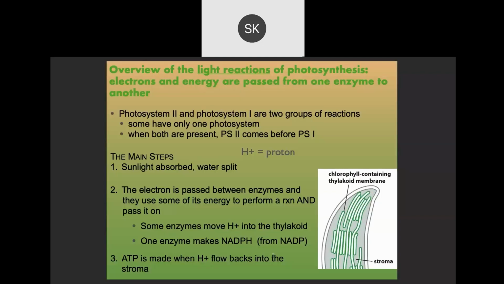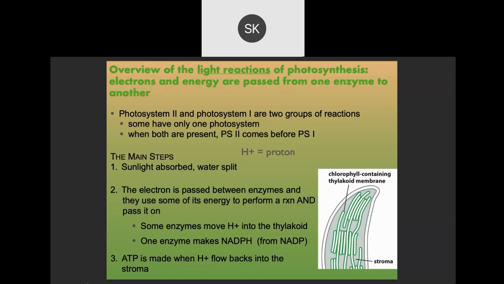Of course, you could talk about this in much more detail. We're not going to talk about all the details, but we do want to remember a few. Again, that electron comes from water. Water is split in the very first step, and that electron from water is what actually gets the energy from the photon, picks it up and carries it around through these other areas of the membrane.